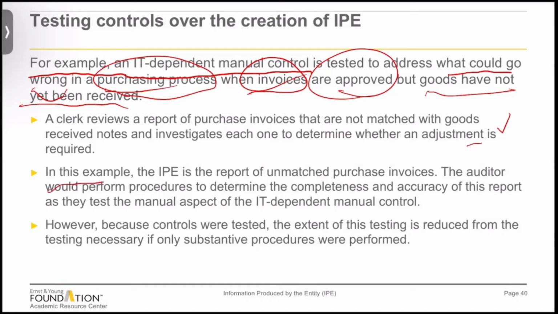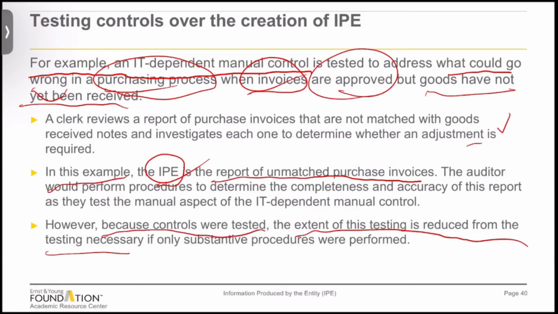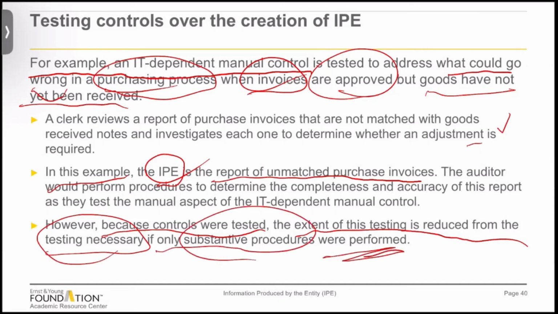In this example, the IPE is the report of unmatched purchase invoices. The auditor would perform procedures to determine the completeness and accuracy of this report as they test the manual aspect of the IT-dependent manual control. However, because controls were tested, the extent of this testing is reduced from testing necessary if only substantive procedures were performed.